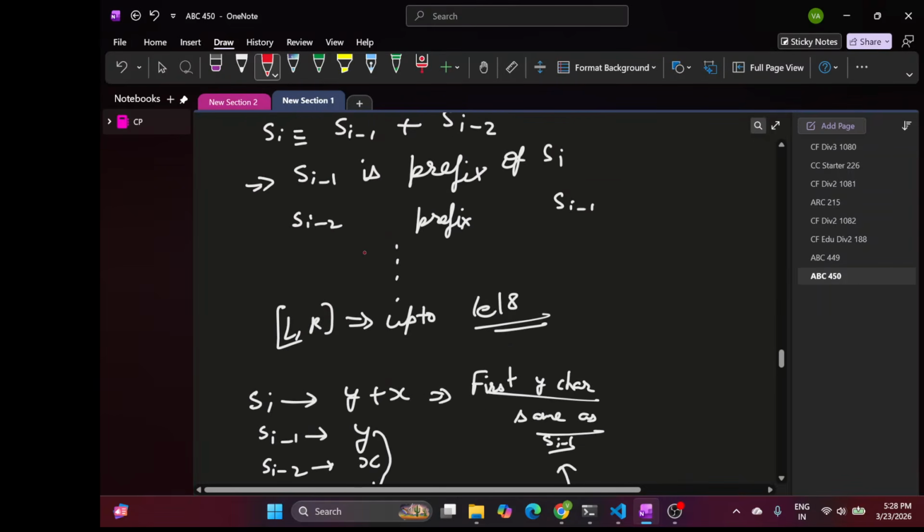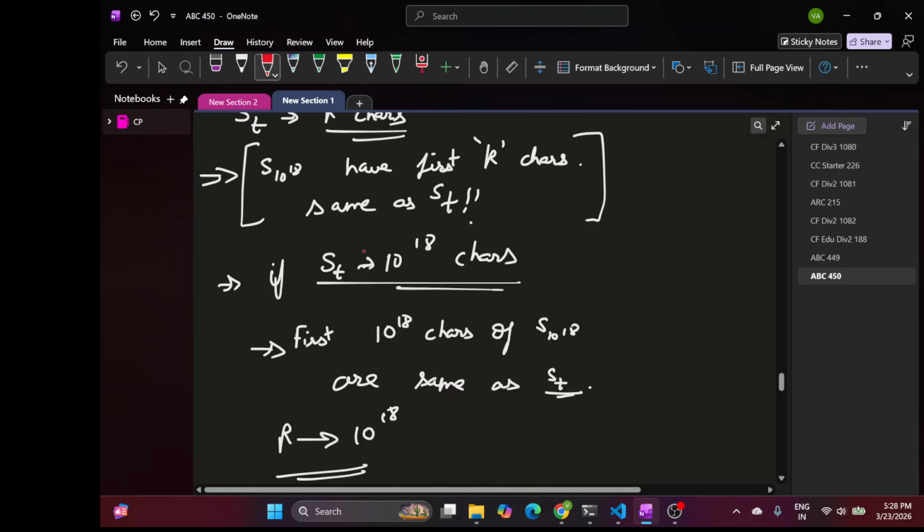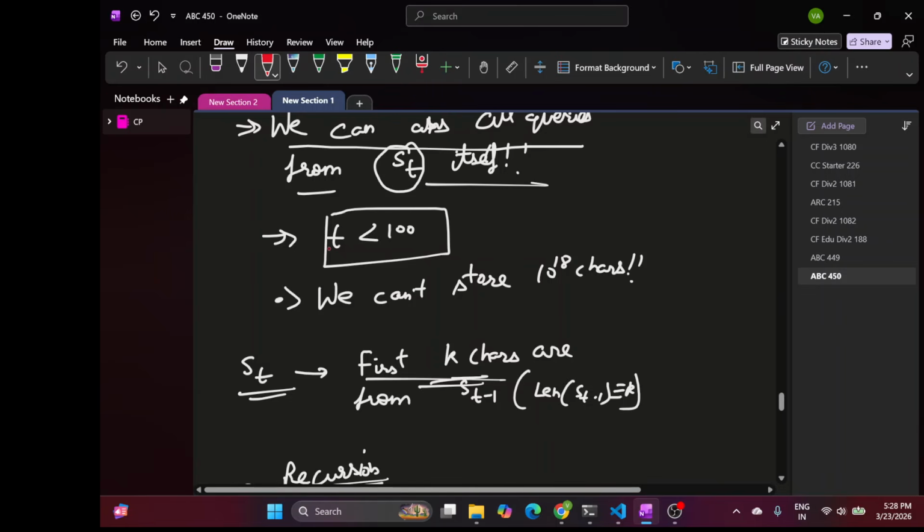So since the prefix remains the same, we don't really need the entire string, but only a string that covers the first 118 characters. And since Fibonacci grows exponentially, we already know that we will get the first 118 characters before 100 terms, right? But the thing is, we still cannot store 118 characters.